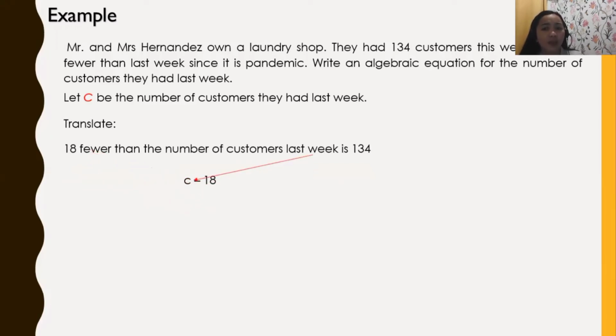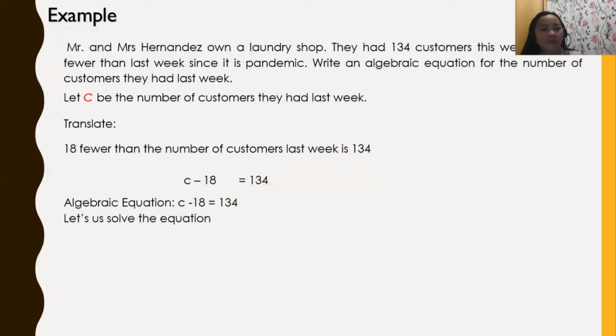And last week, they had C, or C represents last week. Is 134. Is means equal. And this is 134. Now, the algebraic equation is c minus 18 equals 134.